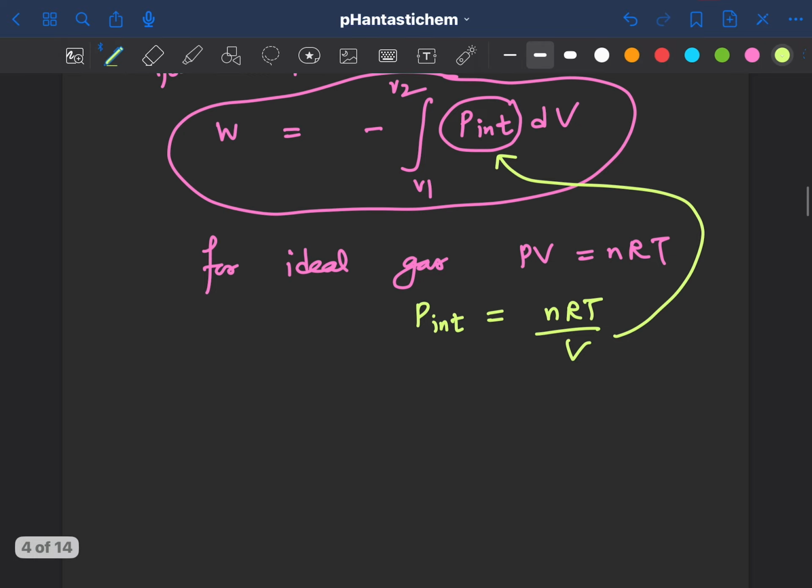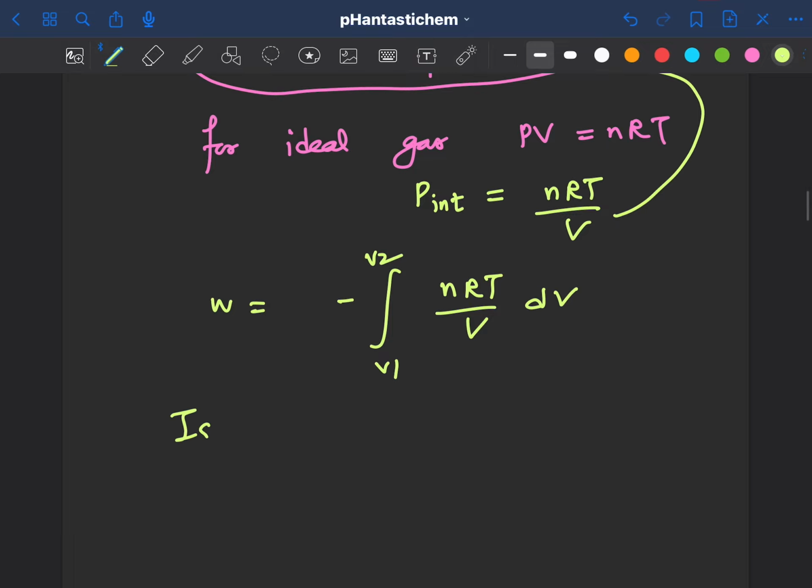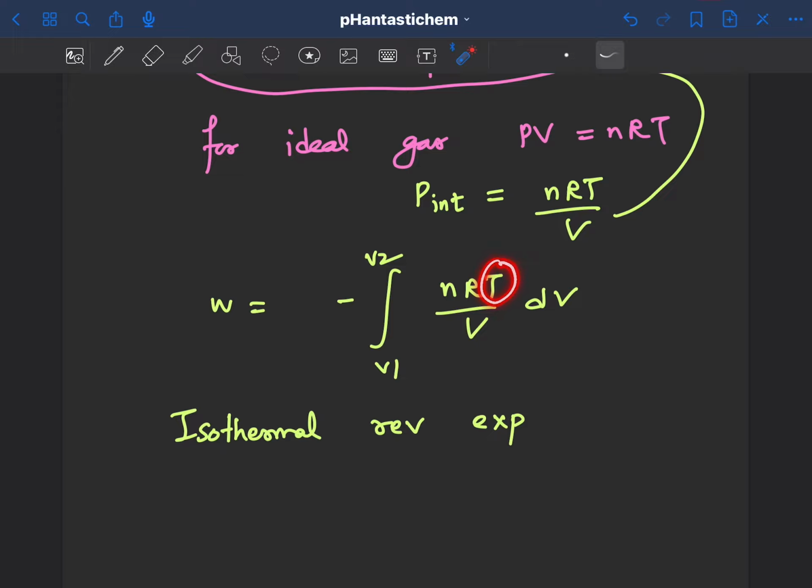So the work done formula becomes minus integration from V1 to V2 of nRT by V into dV, right? Now in our case they have mentioned it is an isothermal reversible expansion, and when they say isothermal, that means the temperature is going to be constant. So we can take nRT out of the integration because it is a constant.